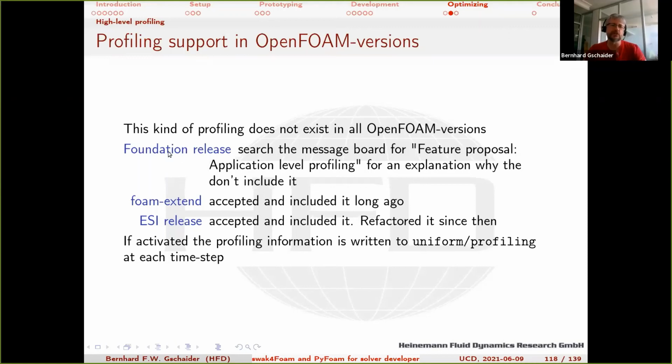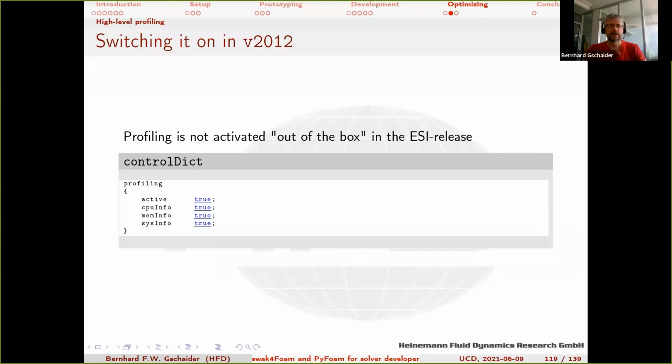In theory, you could patch the foundation release to use profiling as well, but I don't develop these patches anymore because I don't use the foundation release for production nowadays. I basically use it only for porting swak4Foam.